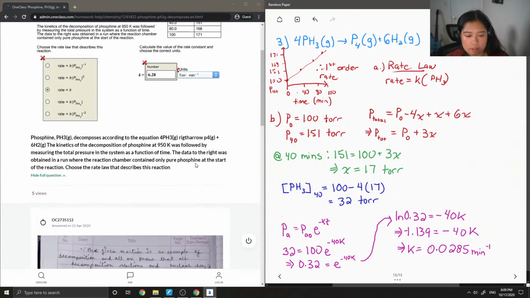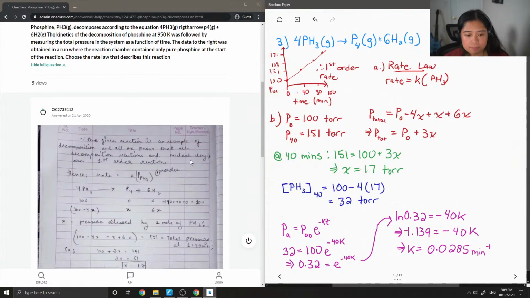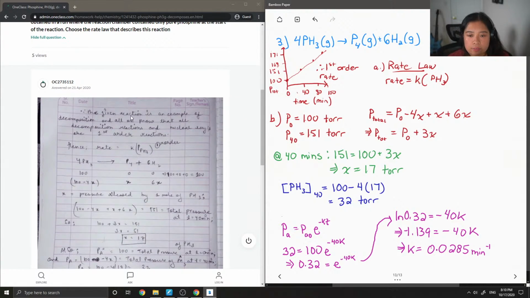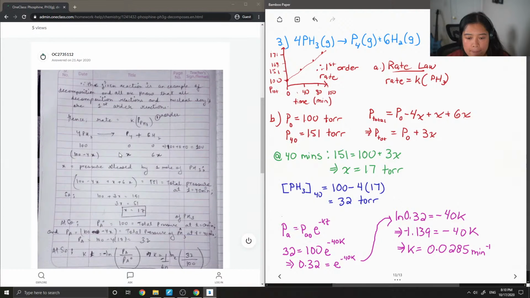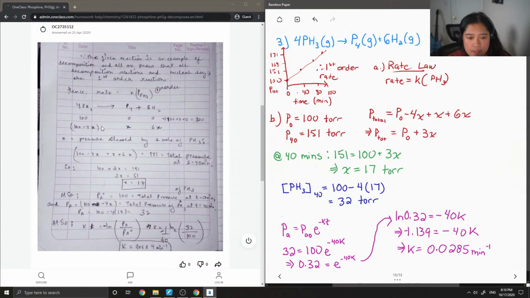Let's see the answer that the junior tutor said. So the given reaction is an example of decomposition, and we prove that all decomposition reactions and nuclear decays are first order reactions, so that part is right. And then they do the same kind of unknown pressure thing that I did as well. They got x is equal to 17.